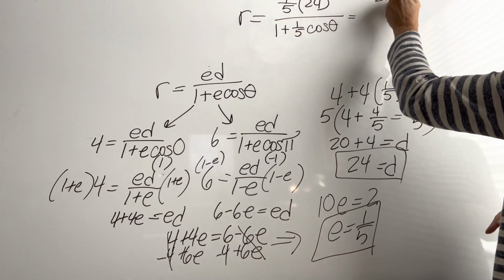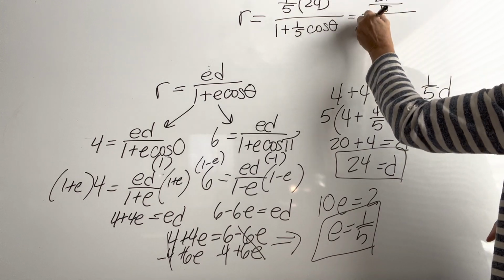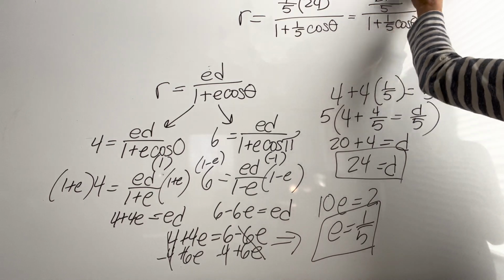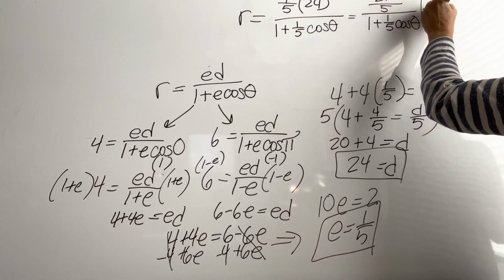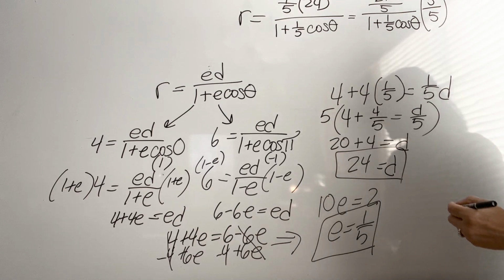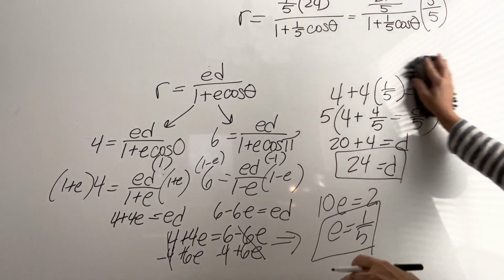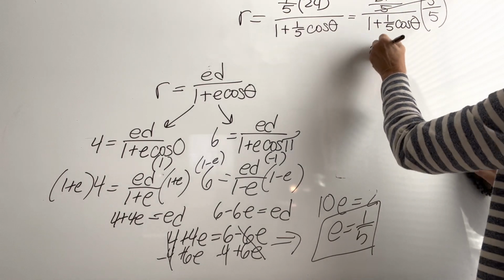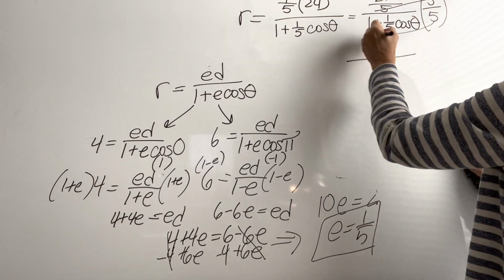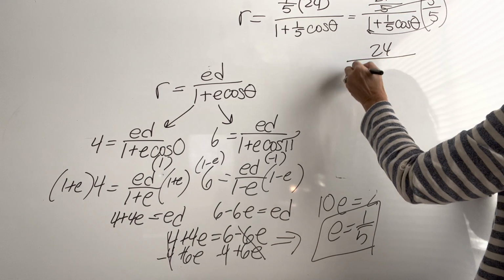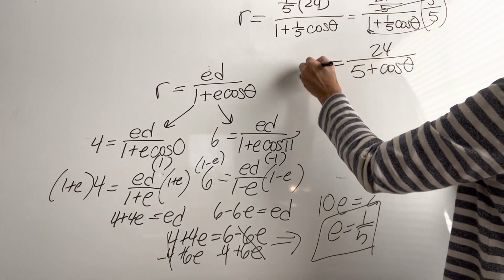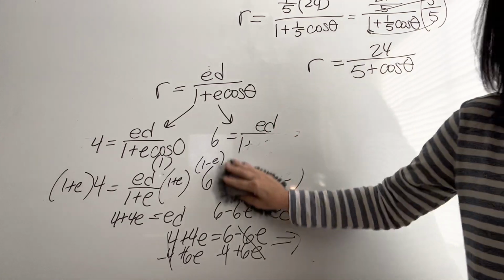This is 24 over 5 all over 1 plus 1/5 cosine theta. We would multiply by 5 over 5, so that this would eliminate. So it's 24 over, you have to distribute the 5 in the denominator, 5 plus cosine theta, and this would be your equation.